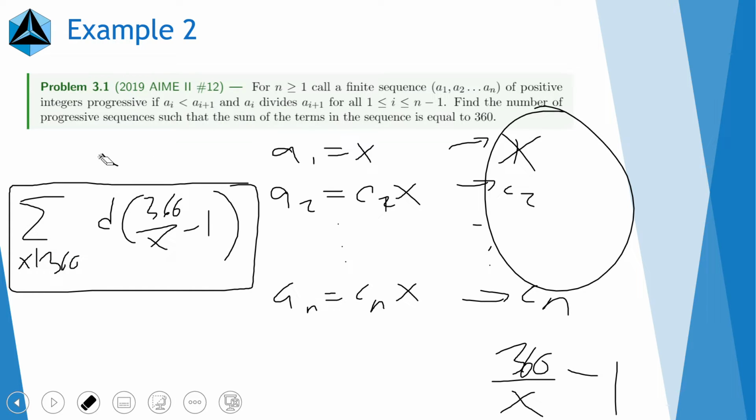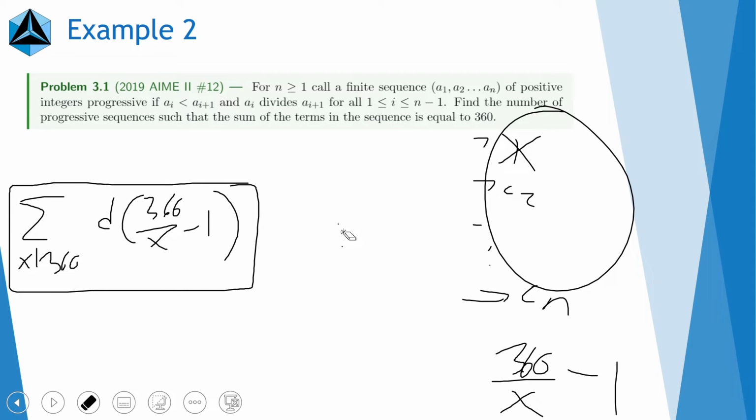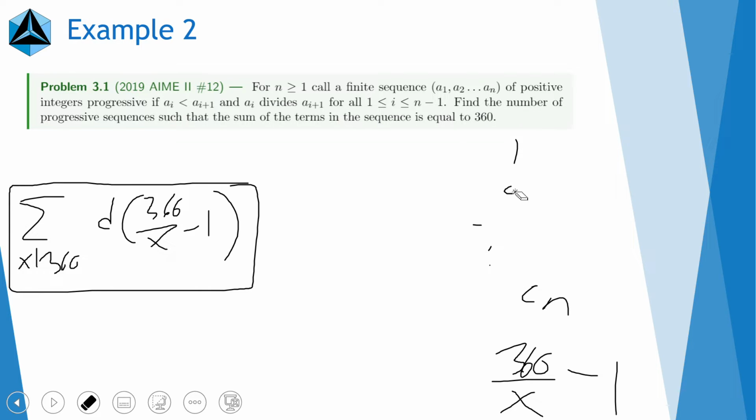So now I can expand this out, because there are a not-large amount of divisors of 360, we can just write this all out.